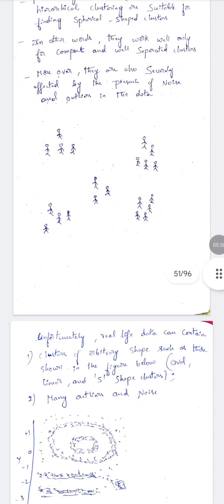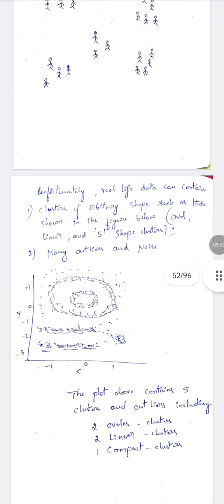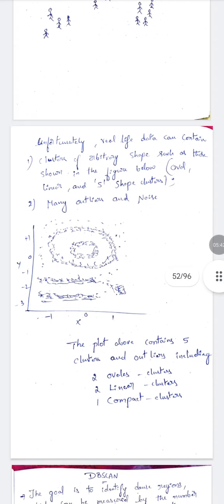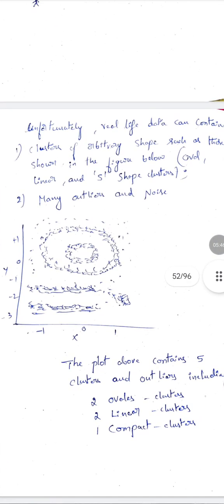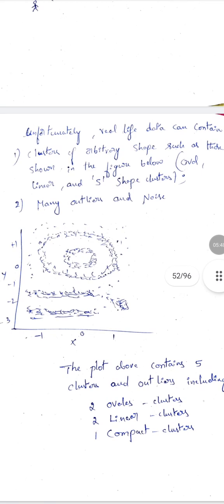spherical shaped clusters. Unfortunately, real life data can contain clusters of arbitrary shape such as those shown in the figure below. That is a linear and an S shape. We can observe it in a clear cut way.